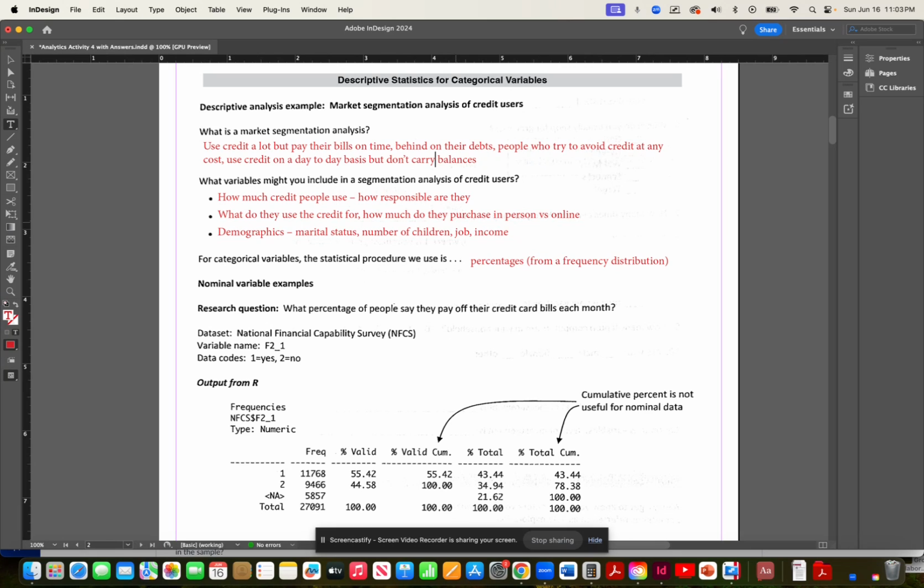So if you think about a lot of these types of data, they could be nominal or they could be ordinal, both of which are categorical in nature. For categorical variables, the statistical procedure we use is percentages.